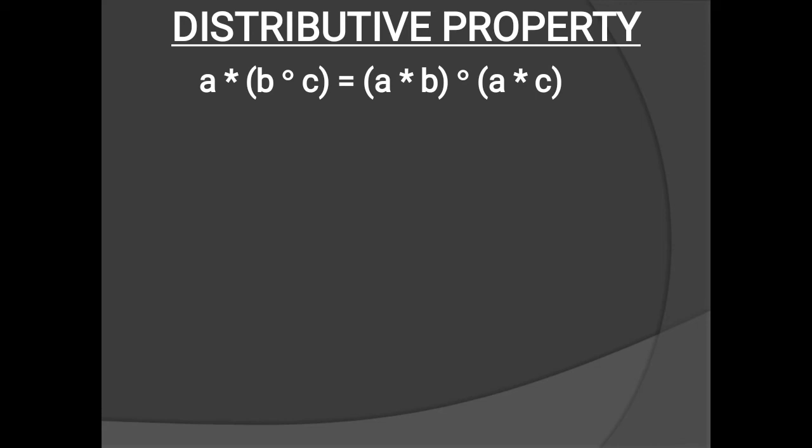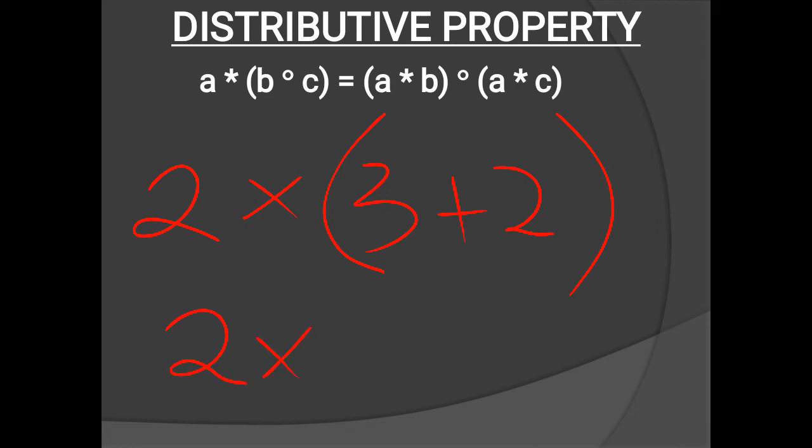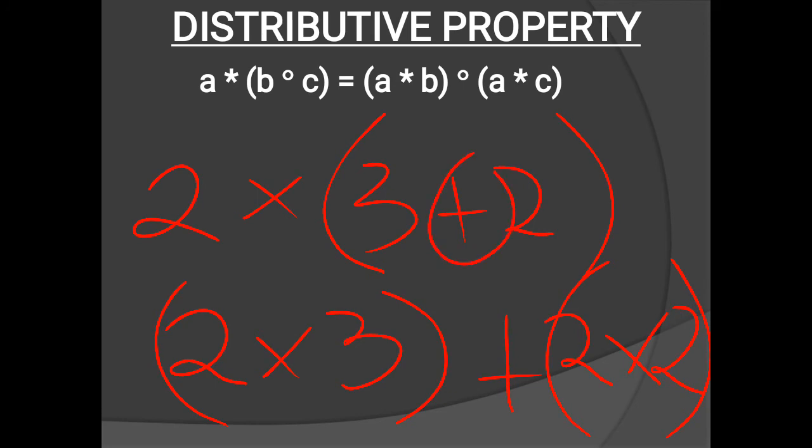Let's see what I'm talking about. I have 2 times 3 plus 2. We are saying this should be the same as 2 times 3 plus 2 times 2. Now you can see the one in the parentheses is now in the middle.